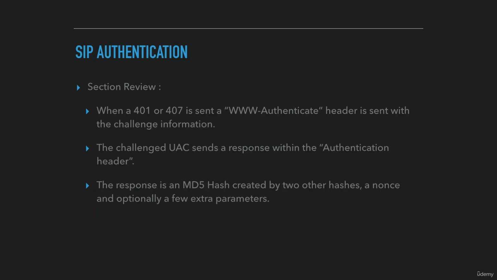When a 401 or 407 is sent, the WWW-Authenticate header is sent with the challenge information. The challenged UAC sends a response within the authorization header, and the response is an MD5 hash created by 2 other hashes, a nonce, and optionally a few other parameters.